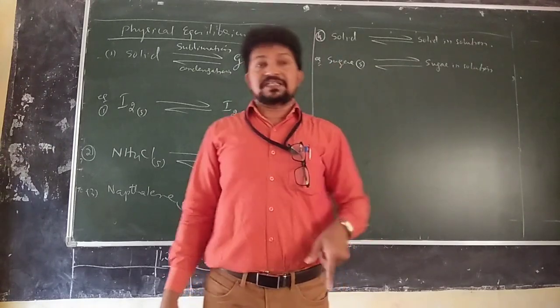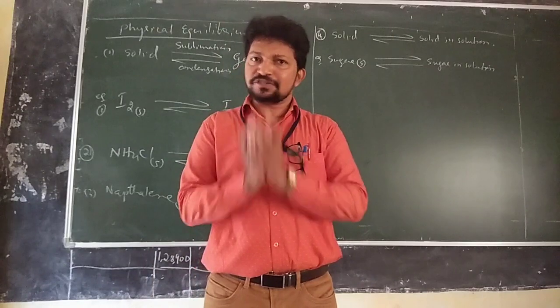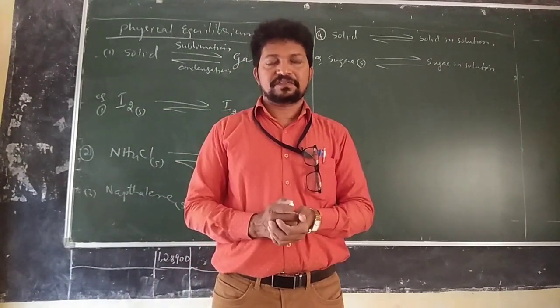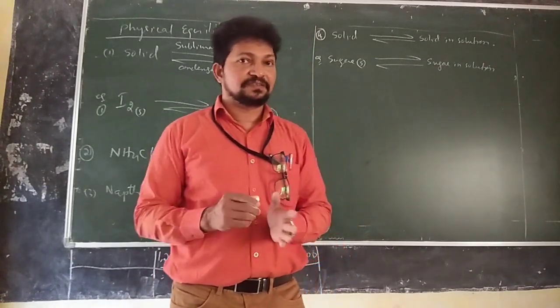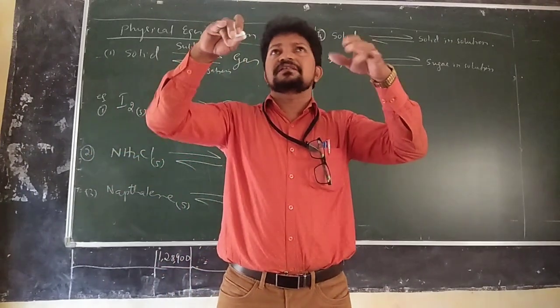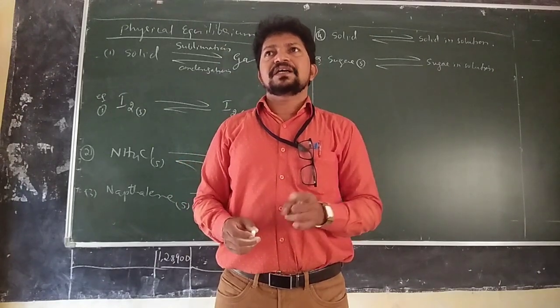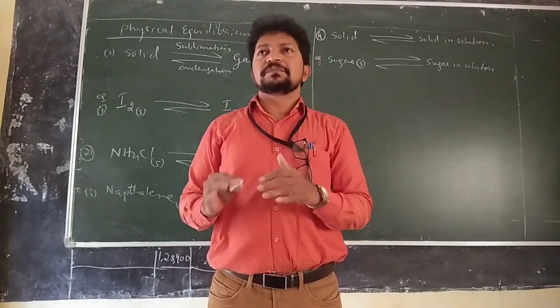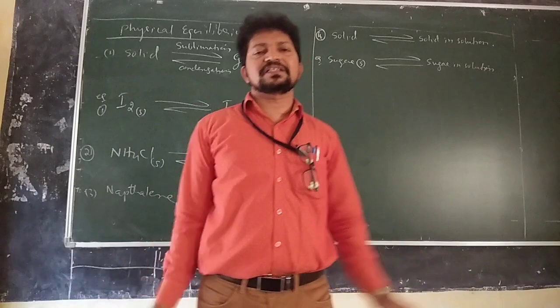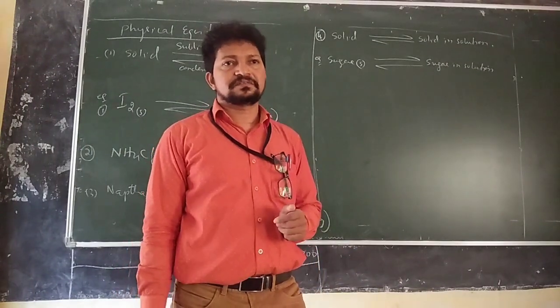Now take the equilibrium condition in the saturated solution. What is happening? It is highly difficult to think. I think all are thinking some amount of sugar has been dissolved, nothing more there. It is not like that actually.